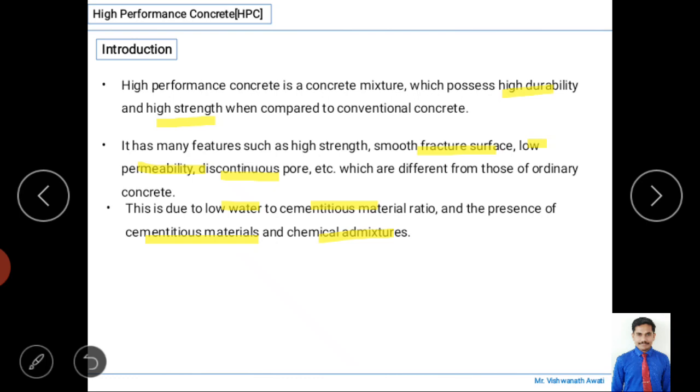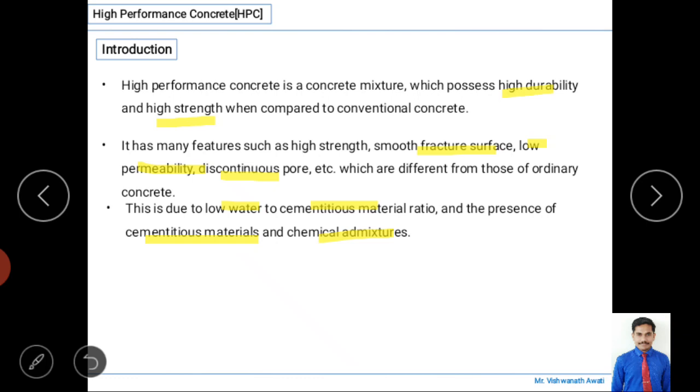So now in this concrete we have a low water to cementitious ratio because of the presence of cementitious material as well as chemical admixtures.